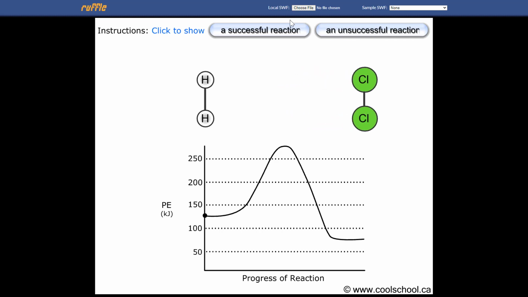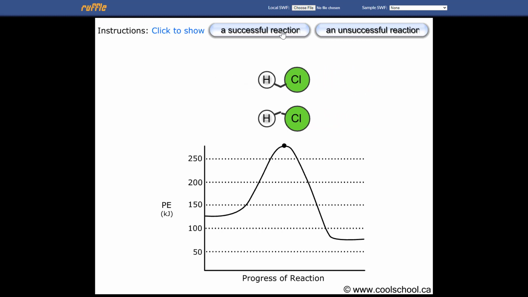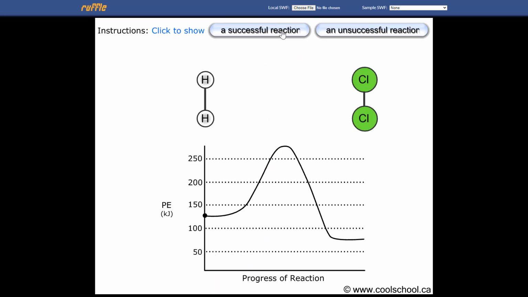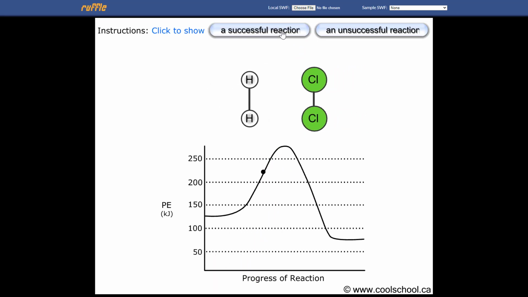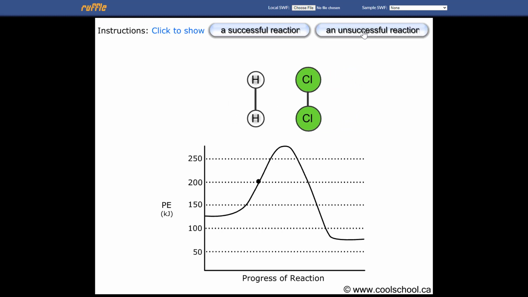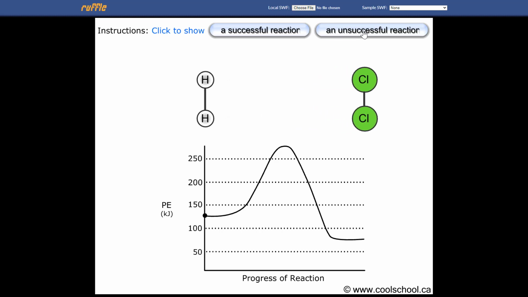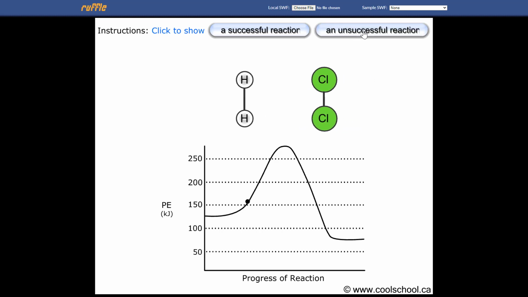If the molecules react successfully, then old bonds break and new bonds form, and the products separate, and the potential energy falls down the right side of the curve. If the reaction should be unsuccessful, then the reactant molecules bounce off of each other and they return down the potential energy curve from where they came.